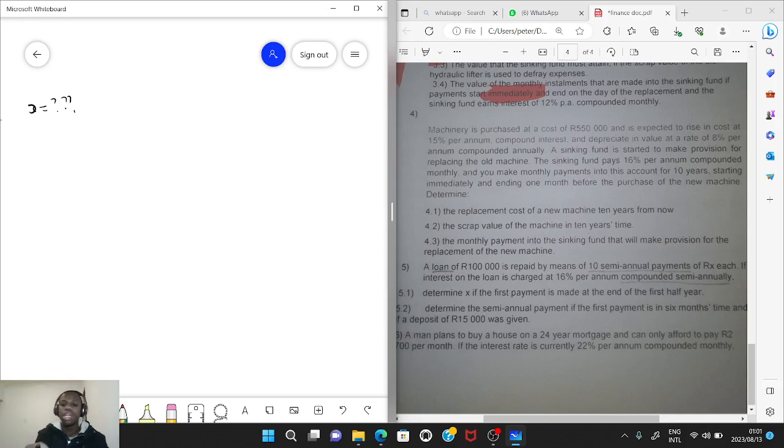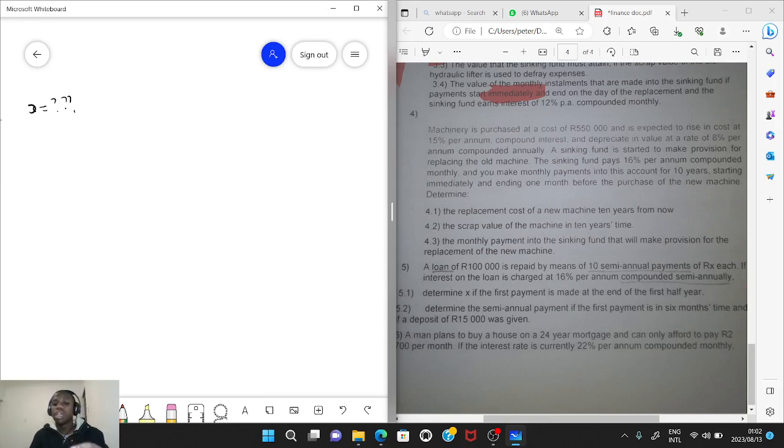the person can repay the loan, the person paid a deposit of 15,000 rand, meaning from a loan of 100,000 rand we are going to subtract 15,000 rand because it's been paid off, right? And then the remaining balance, which is known as the outstanding balance, will be our new loan that the person has to pay.